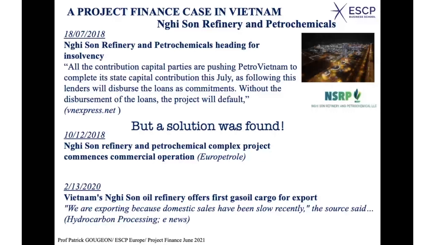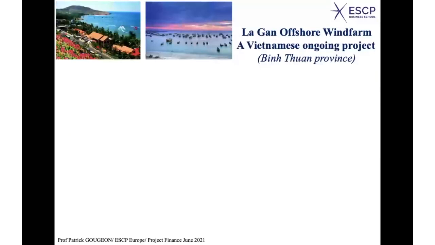So the commercial risk was probably not assessed quite properly. Okay, so this is just to show what happened in the early phase, with a lack of preparation and lack of expertise.